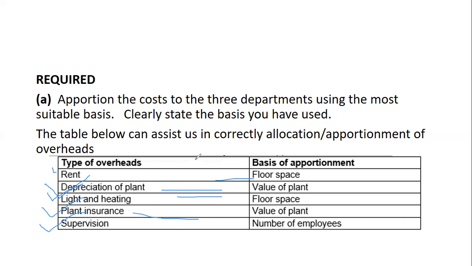But to be on the safe side, just know the types of overheads and the basis of apportionment we use. Our question is asking us to apportion the costs to the 3 departments using the most suitable basis, and to clearly state the basis we have used. The table below can assist us in correctly apportioning the overheads. So it is very important to know the types of overheads and the basis of apportionment.